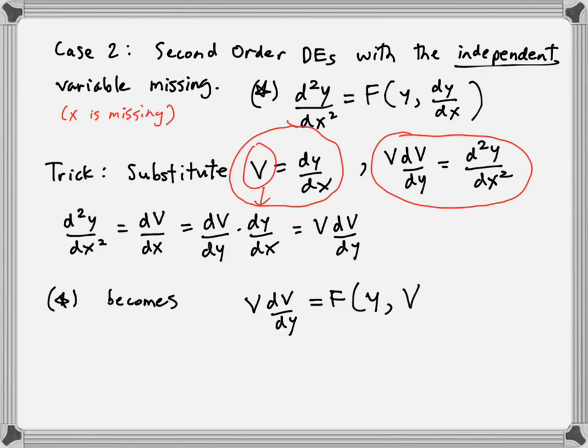So f of y v. Okay. So if we divide everything by v, we end up with, well, I should just say we should leave it like this and worry about solving this later, okay? This right here, I'm going to call this guy differential equation 1.